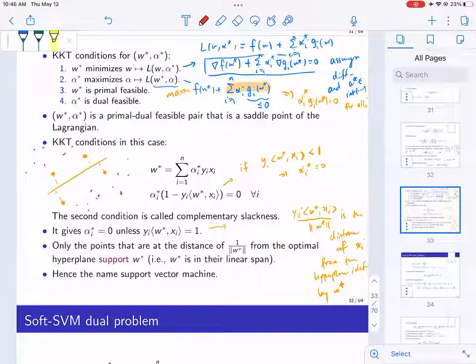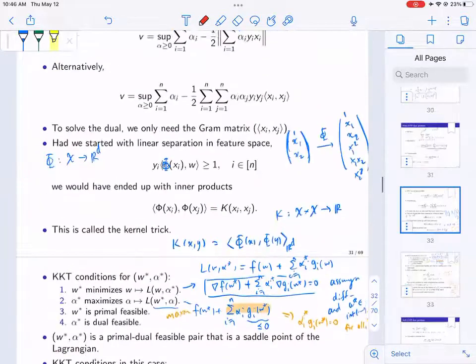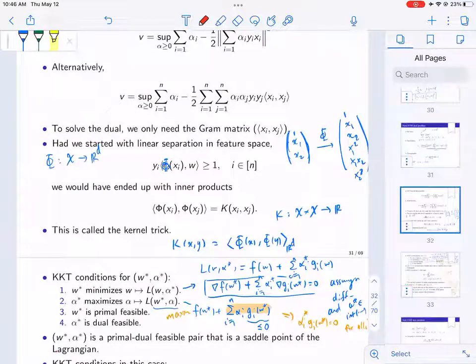There is more to it, but the next topic that I want to come back to next time is this kernelization idea. What we're effectively doing is moving away from linear functions. It used to be that w times x_i was a linear function, both in w and in x_i.